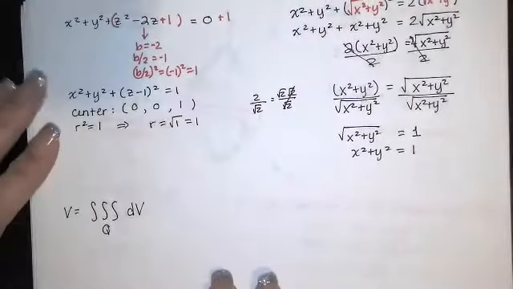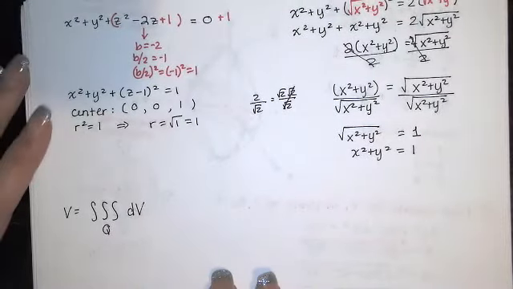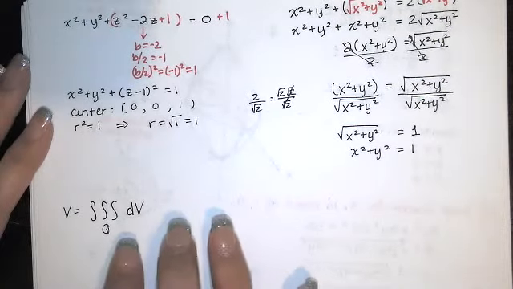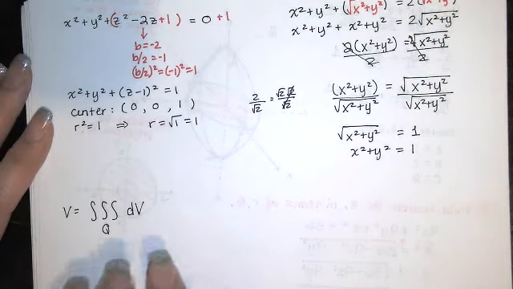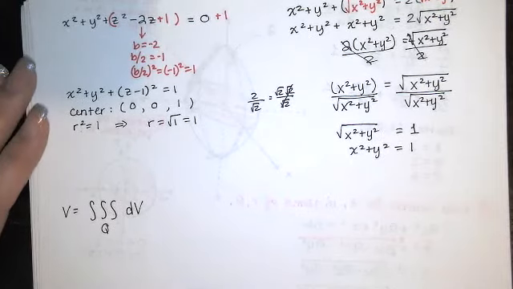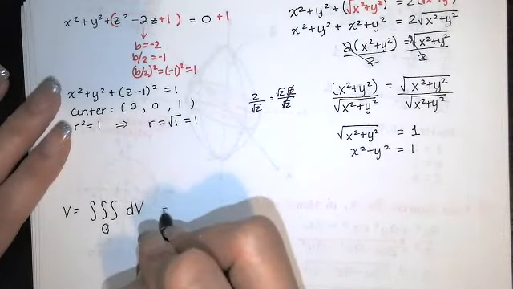But I don't want to do that because my region Q is part of a sphere. This would be easiest and best if we switched to spherical coordinates. There are three things you need to do to switch.